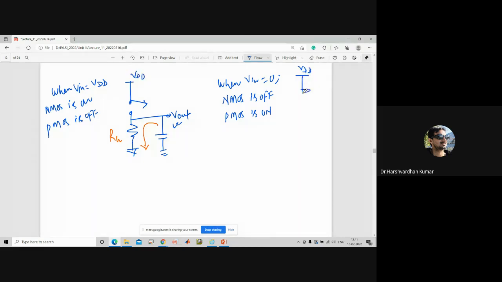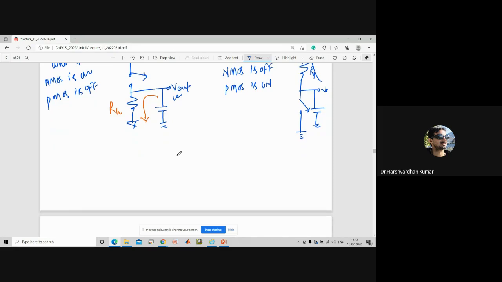So this will be replaced by a resistor, let us say RP, and here there will be a switch. Okay, so the output is here. Let us say this is the capacitor. Now which path will it follow? That is this way, right? So what is happening here? The capacitor is charging. Okay.